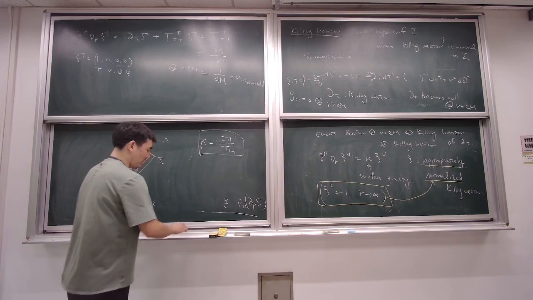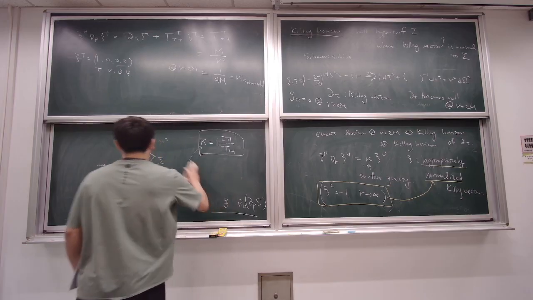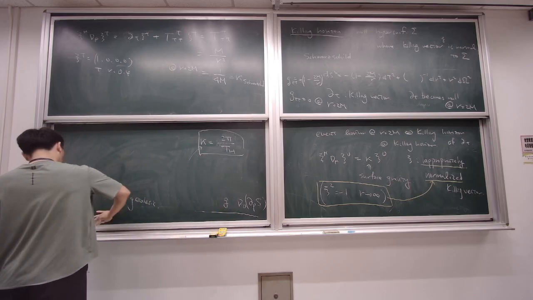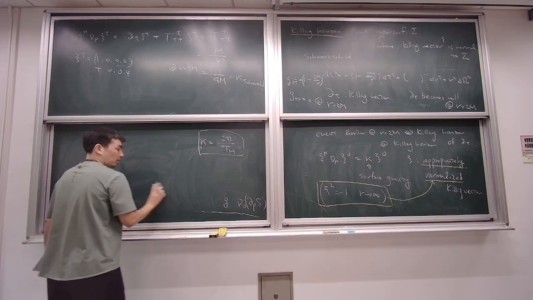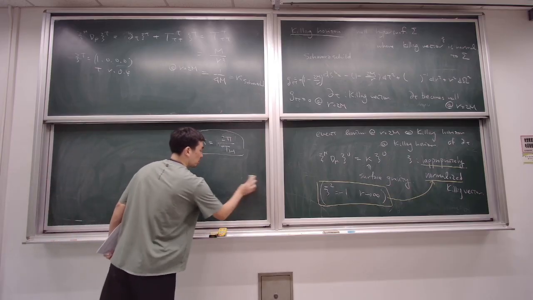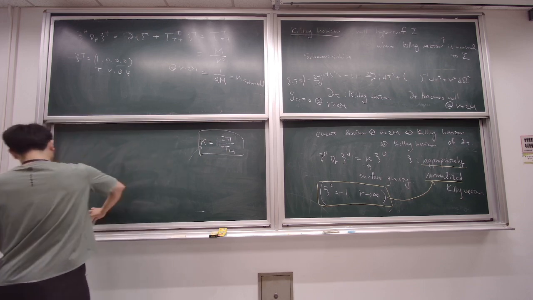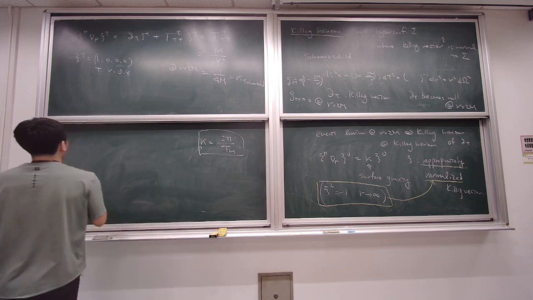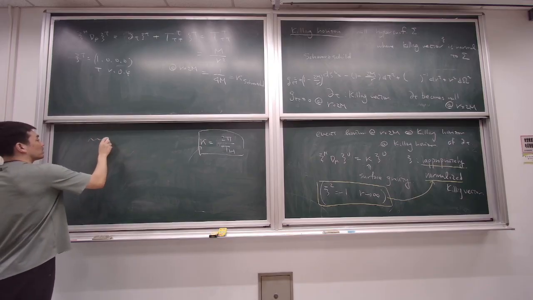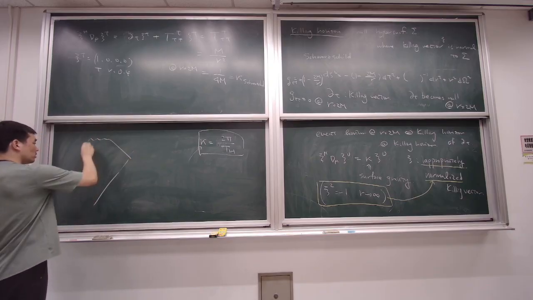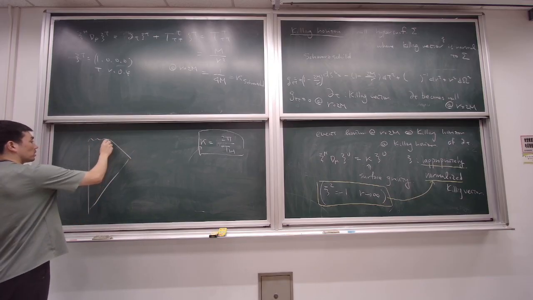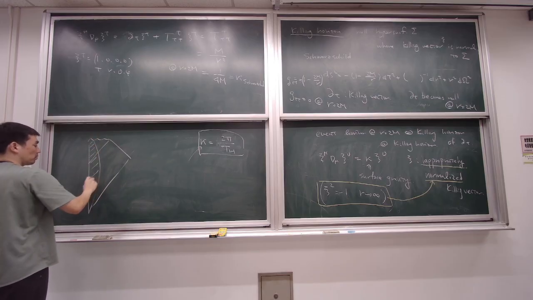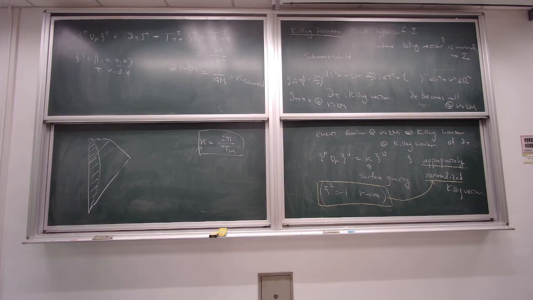So since he asked, let's use a Penrose diagram, because in the case of Schwarzschild, it's something like this one. Anyway, those are the physical black hole.